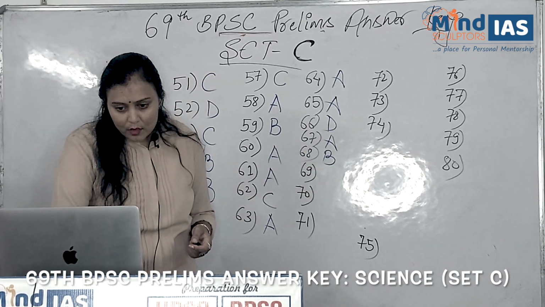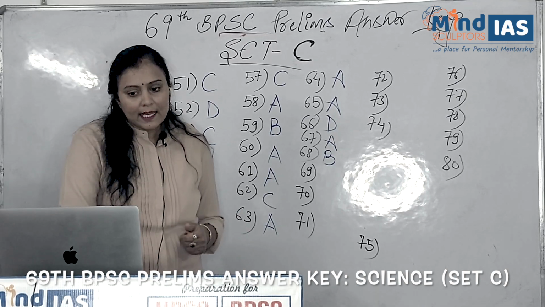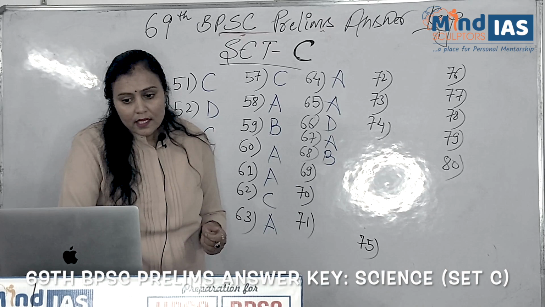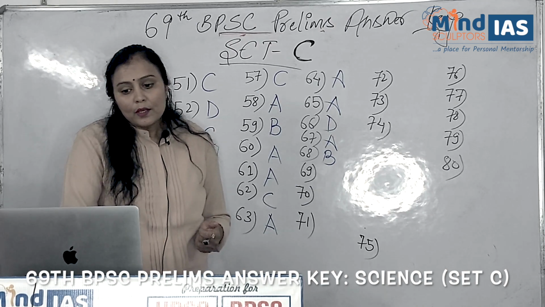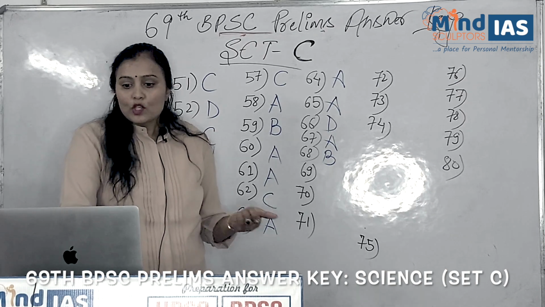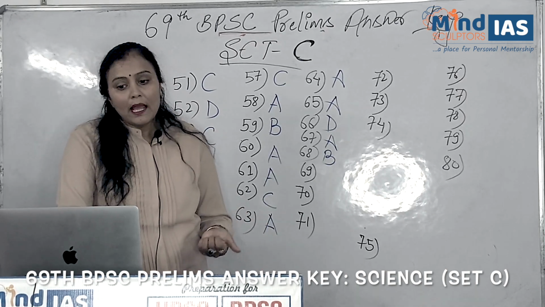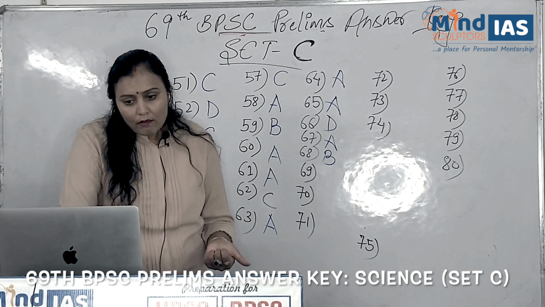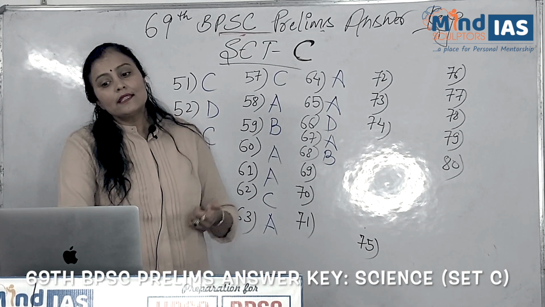Now move to the next question. Match list 1 with list 2. Cassini, Huygens, Juno, Artemis and Veritas are the space missions, and on the next side they have written the exploration planet. For Cassini-Huygens, the right answer is Saturn and its rings.